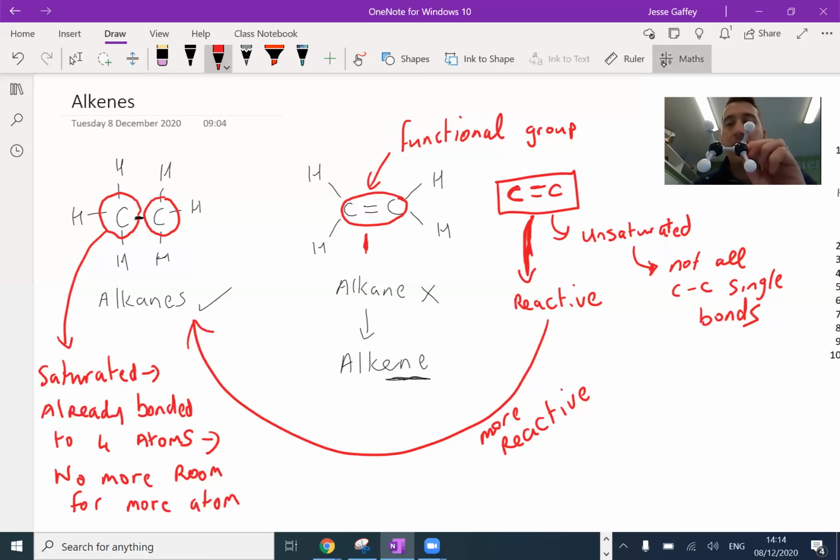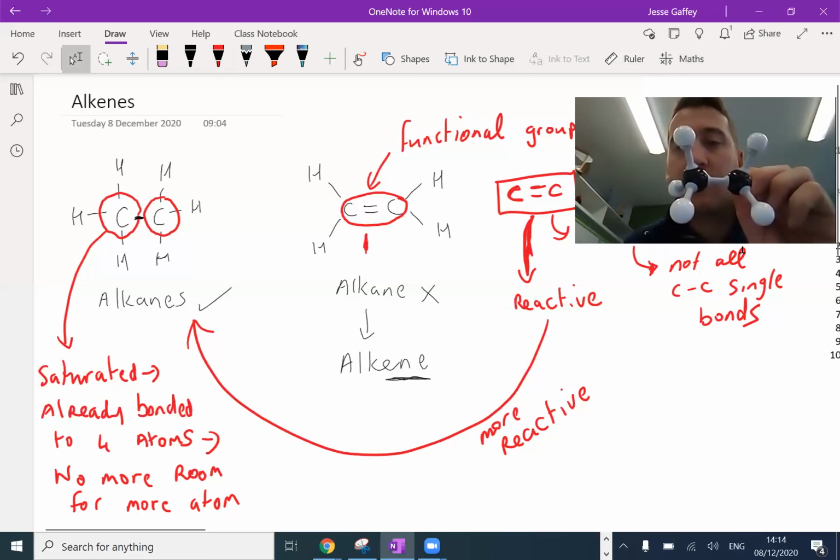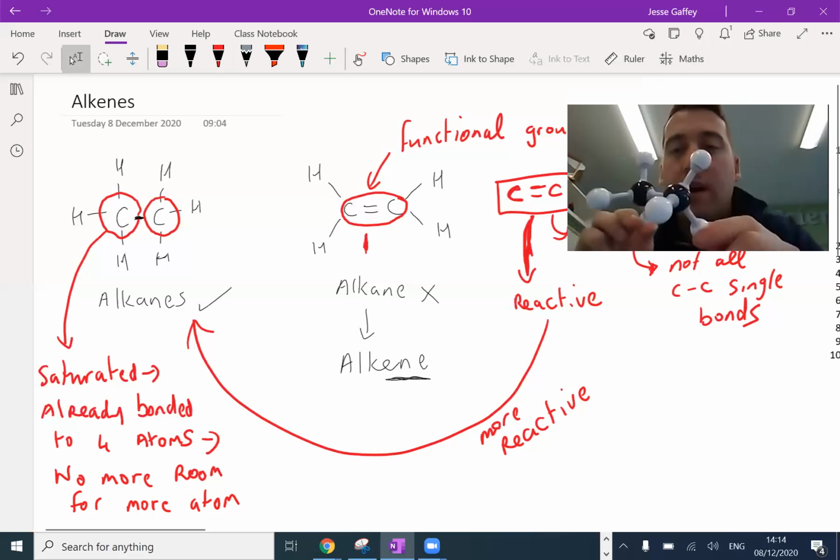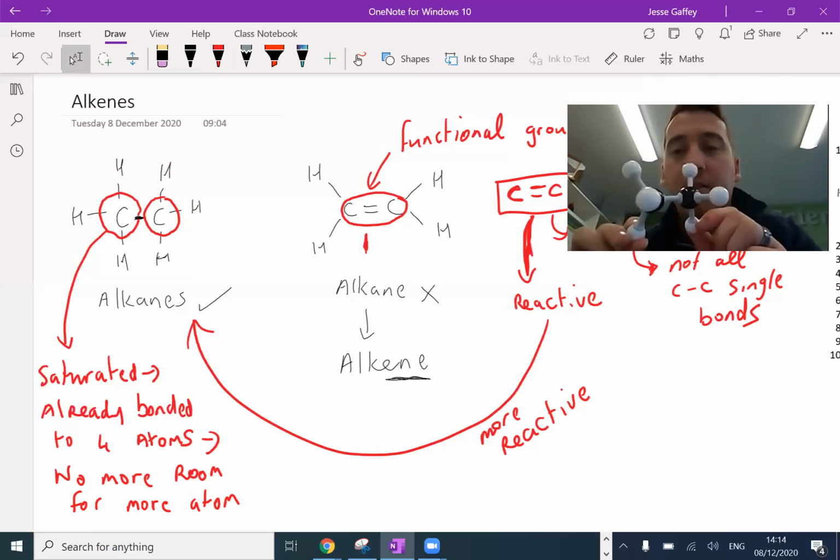Okay, so each carbon has 4 atoms attached, 4 separate atoms. I hope that you can see that. Now, if you think back to your chapter on bonding, a carbon surrounded by 4 separate atoms had a specific name in terms of its geometry, its shape.